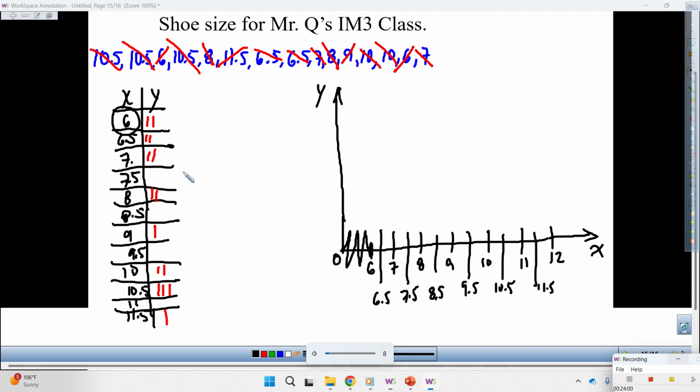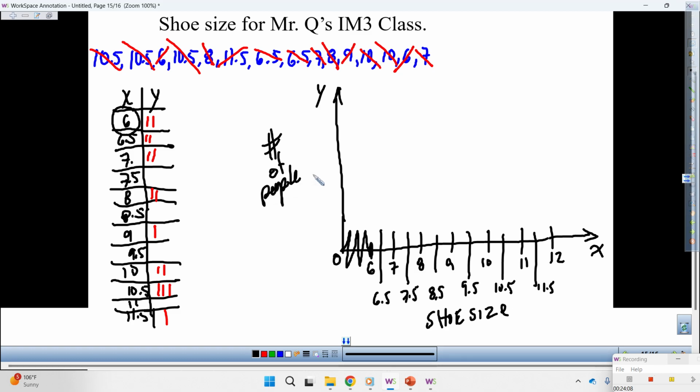All right, so some of you are already there with your table. You started setting up your quadrant here. So now let's go to the Y. This is our shoe size, and this is the number of people with that shoe size. Okay, so look at my tallies. What is the minimum amount of tallies that I have? 1.